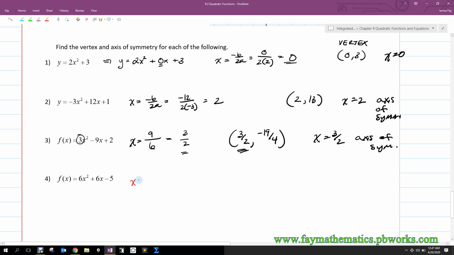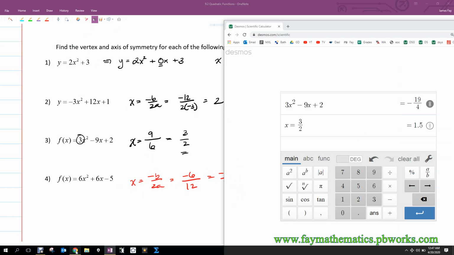And the next one, x equals the opposite of b over 2a again. The opposite of b would be negative 6. 2a would be 12, so negative 1/2. So that's the x coordinate. It's my axis of symmetry as well. So let's go ahead and see what we get here. 6 goes there, plus 6 there, and then minus 5. And then what do we get?